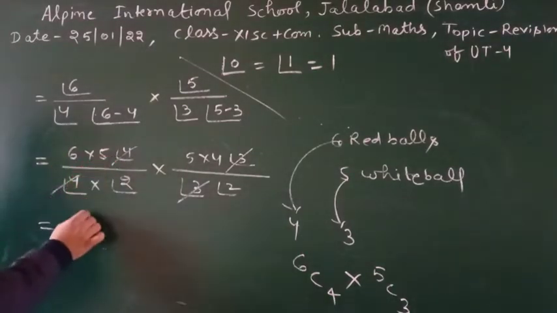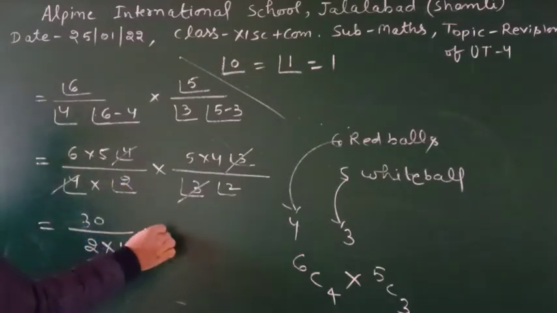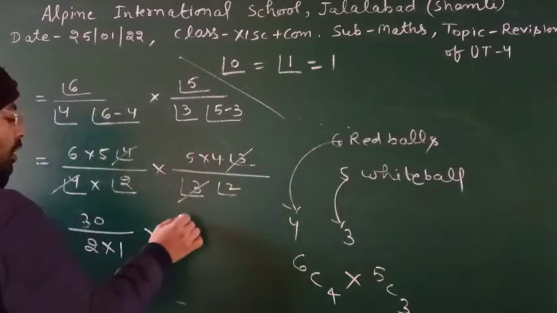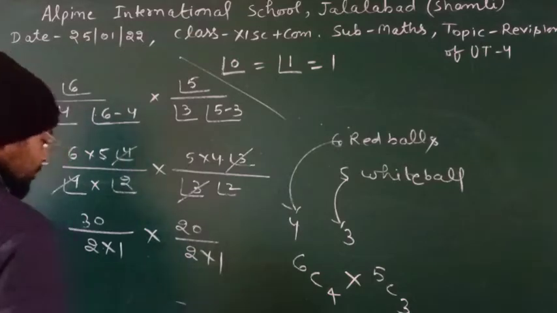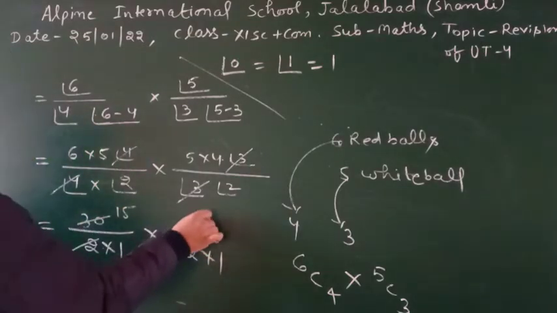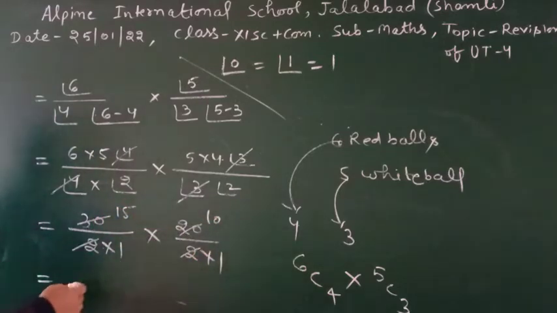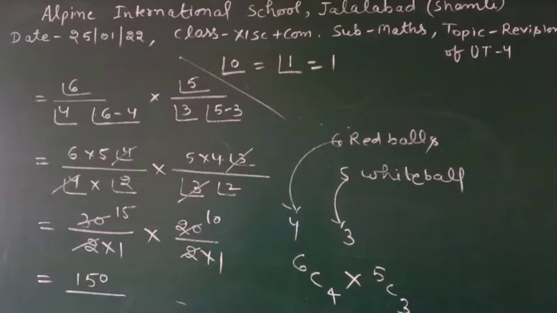So 6 into 5, the result is 30, upon factorial 2, which will be 2 into 1, into 5 into 4, which will be 20, and upon factorial 2, which will be 2 into 1. So 15 times 10 will be 150. So by 150 methods you can select 4 red balls out of 6 and 3 white balls out of 5.